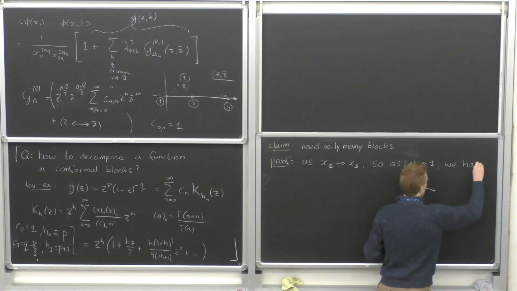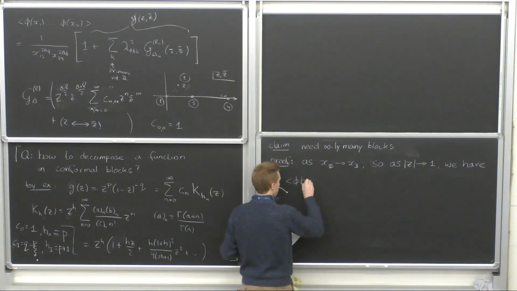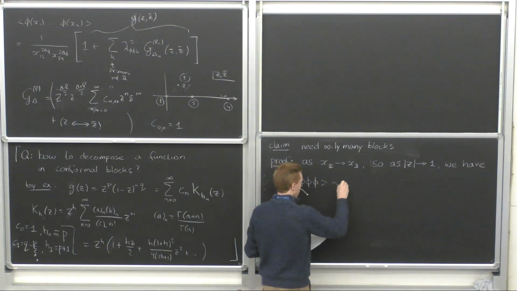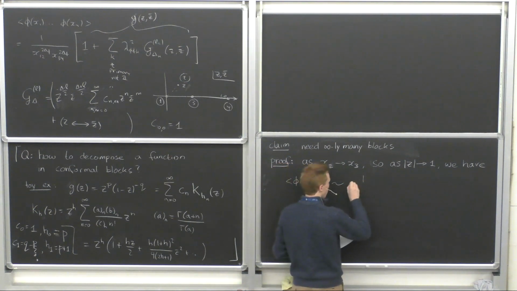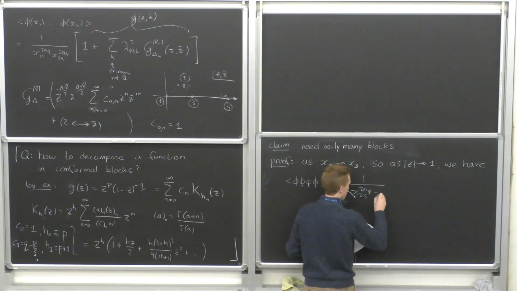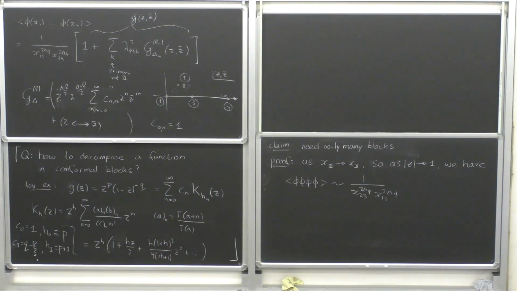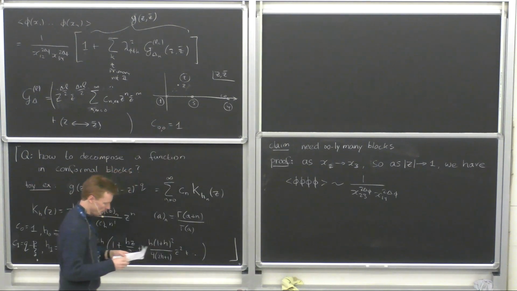In this limit, phi, phi, phi, phi goes like 1 over x23 to the 2 delta phi, and then x14 to the 2 delta phi. That is the identity contribution to the 2-3 operator product expansion.